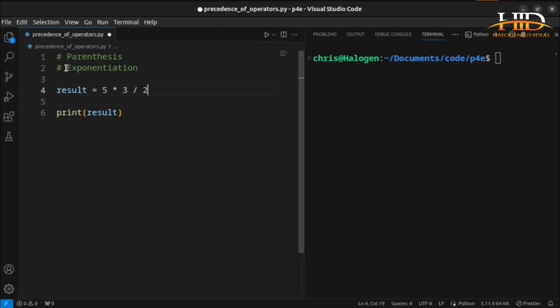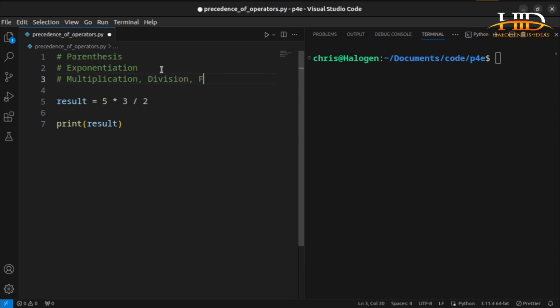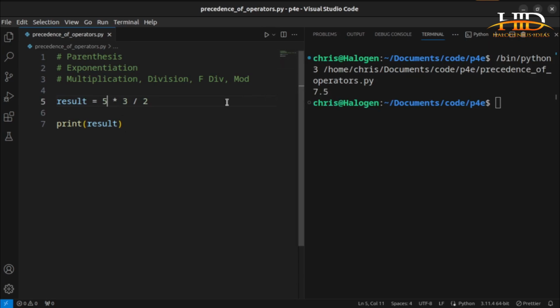We have multiplication, division, floor division, and modulus. All these ones have the same level of precedence, and they are evaluated from the leftmost one to the right. If I run this, I'm having 7.5.